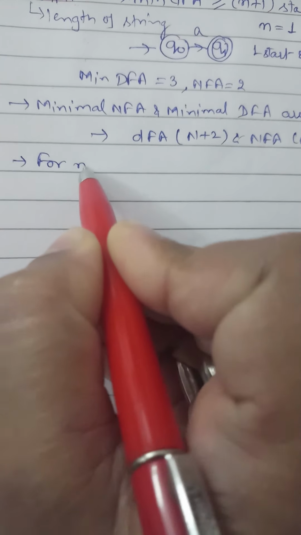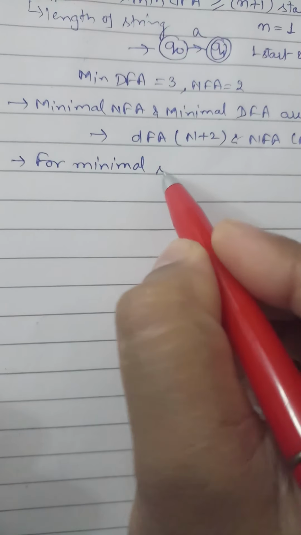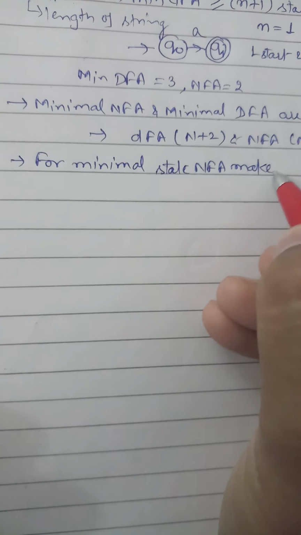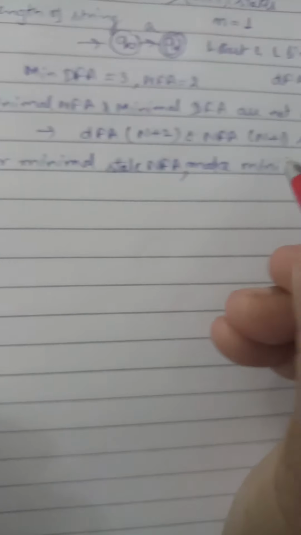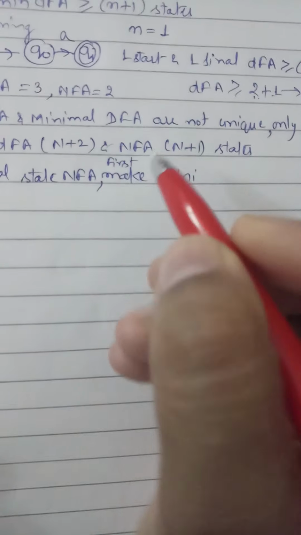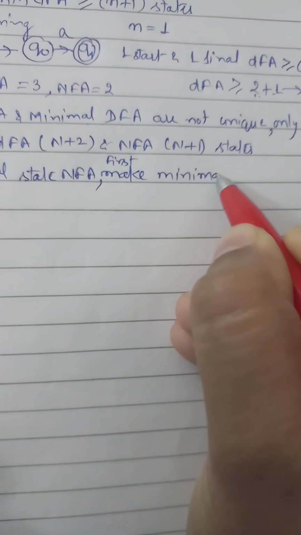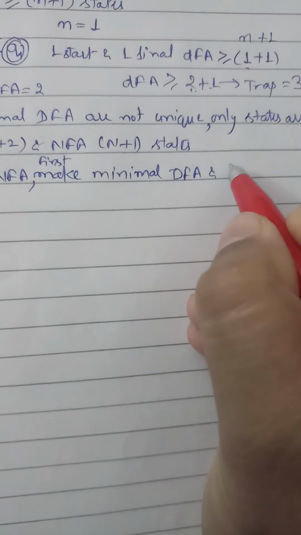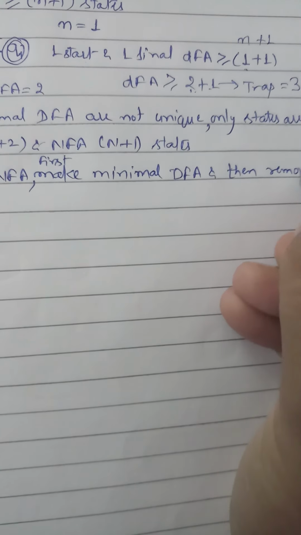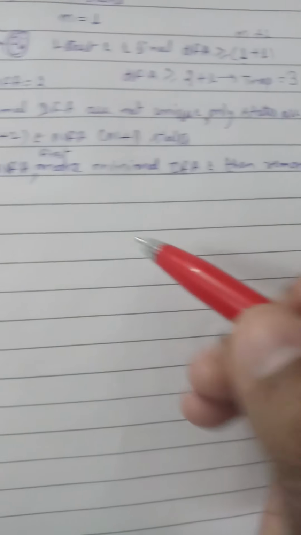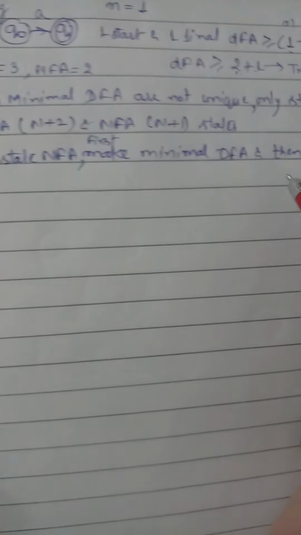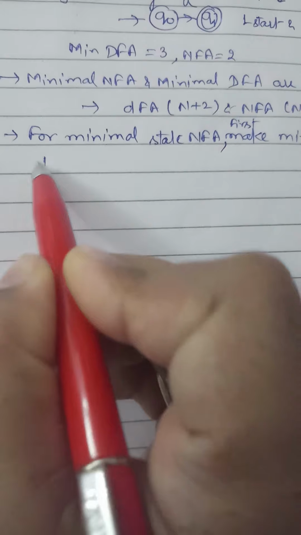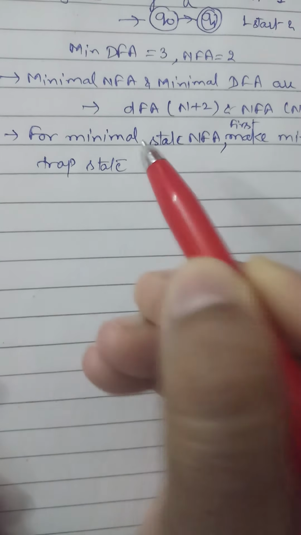For minimal state NFA, first make minimal DFA and then remove the trap state or dead state.